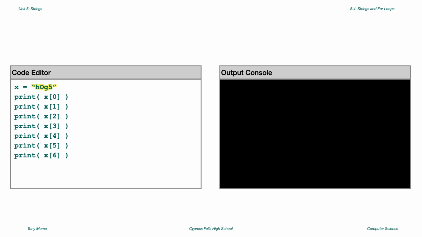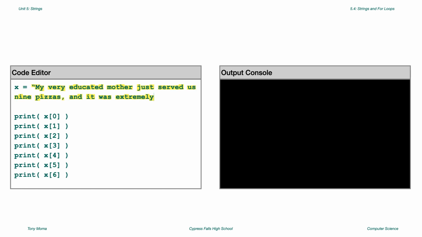Now I have too many print statements, and thus will have to remove a few of them. Or worst of all, suppose my string contained 100 characters or 1,000 characters. Now I'm going to need 100 print statements or 1,000 print statements to be able to process each character, thus making our code tedious and repetitive, two things we never want in our program. Clearly, a more efficient approach for processing strings is needed, and this is where for loops will eventually come in.